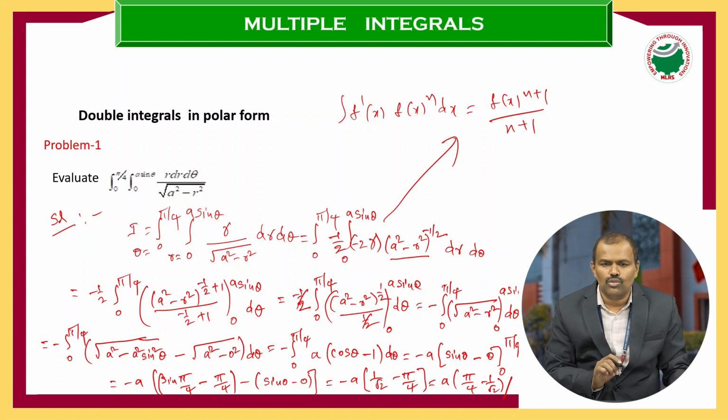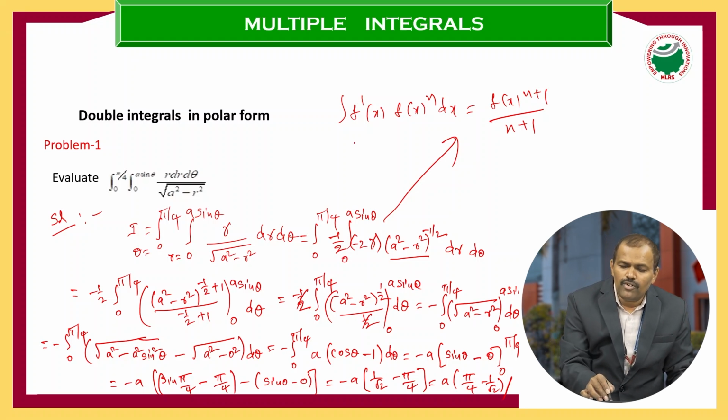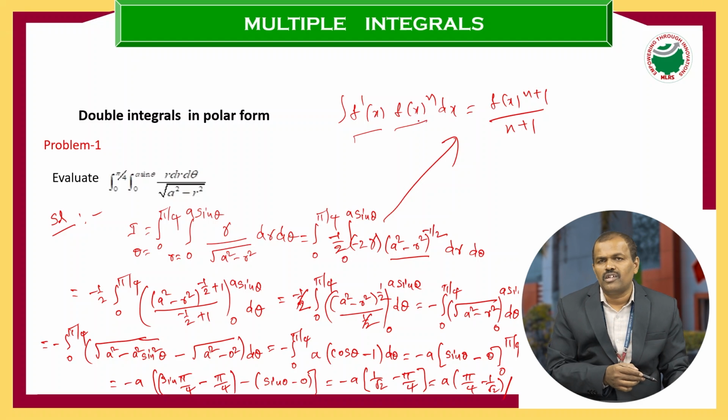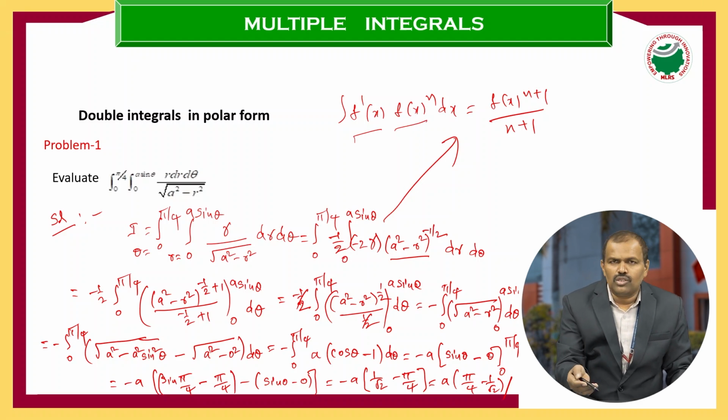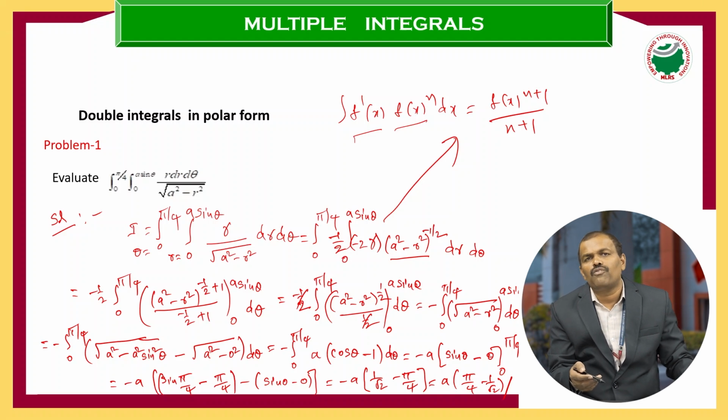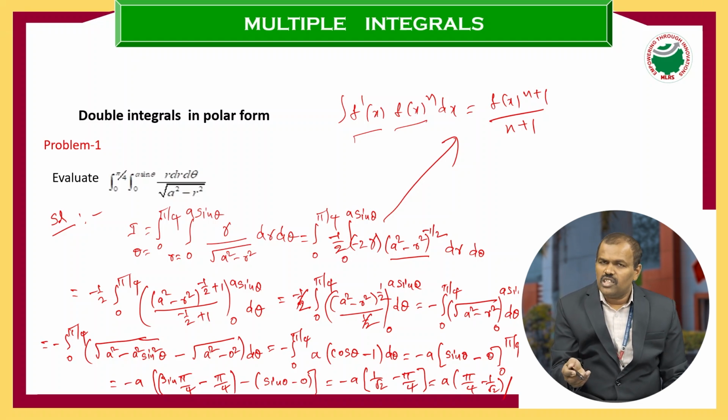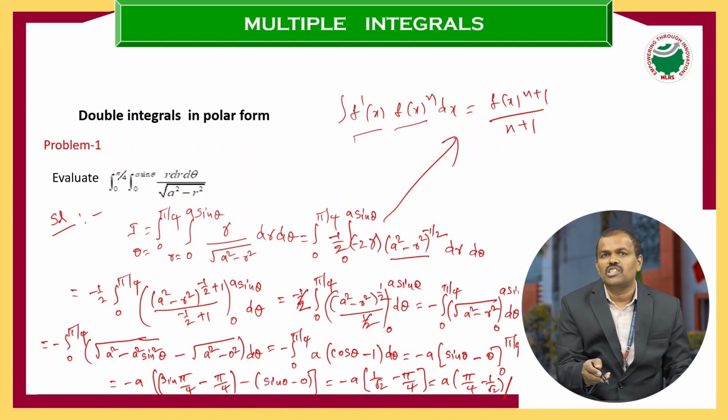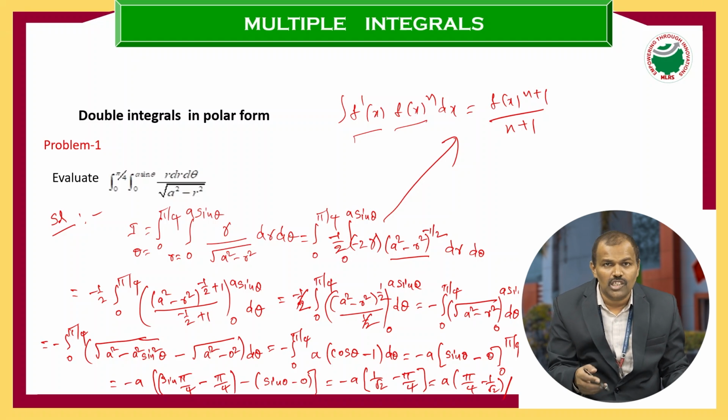It is very easy to identify: f dash of x into f of x power n dx. So in terms of x, but the problem is in terms of r, that means f dash of r into f of r power n dr. That is f of r power n plus 1 by n plus 1. I applied that formula, but in order to apply it we require minus 2r, because the derivative of a square minus r square is minus 2r.